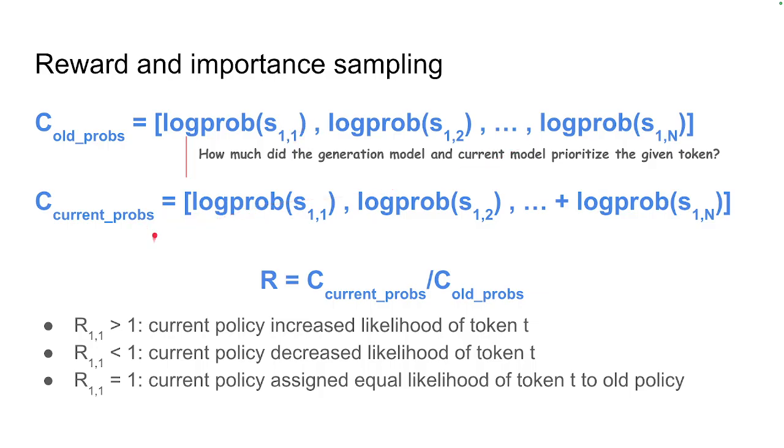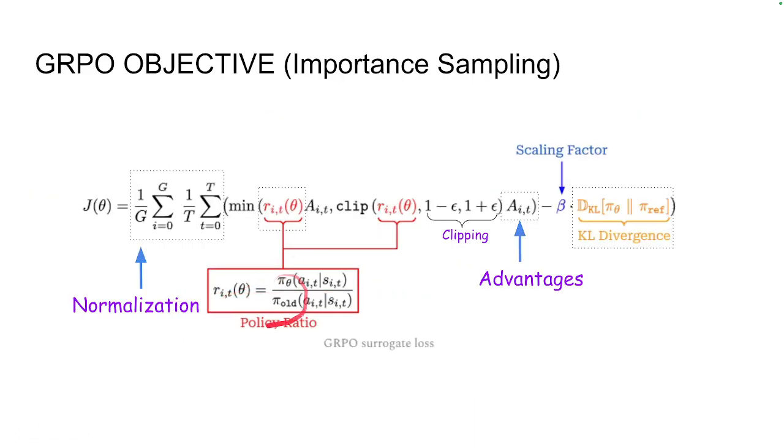And current probs is your trainer model, or the policy that you are trying to optimize, and you would basically take a division, or the ratio, of each of these tokens, and you will get an R, or the importance sampling ratio, or the policy ratio that we saw in DeepSeek here.